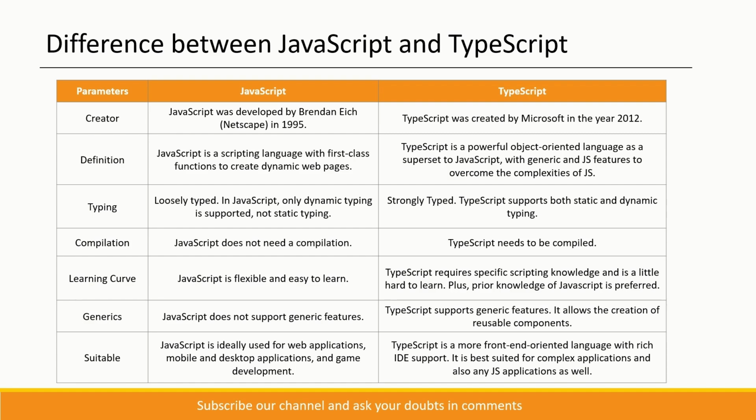It suits complex applications best, and also any JavaScript applications as well. So these are the common differences between JavaScript and TypeScript, and you can note them down. This is a commonly asked question in interviews.